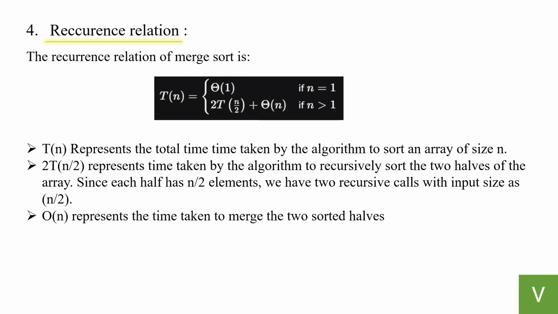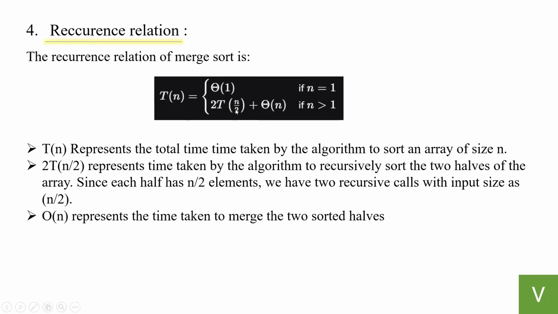Now let us see the recurrence relation. The recurrence relation of merge sort is T of n equals theta of 1 if n equals 1. Suppose the input array has only one element, then the time complexity is theta of 1. If n is greater than 1, if we have an input array with more than 1 element, then we have 2T of n by 2 plus theta of n.